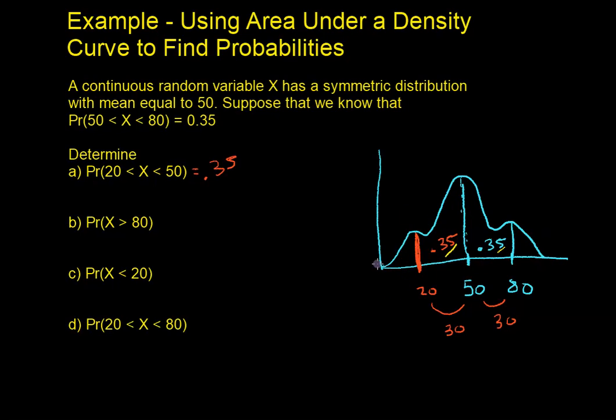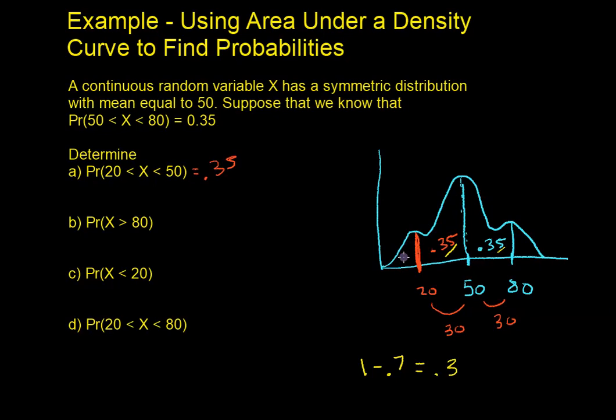I know the total area under the curve is 1, so 1 minus 0.7. So I know that these two little areas on either side must add up to what's left over, so 0.3.